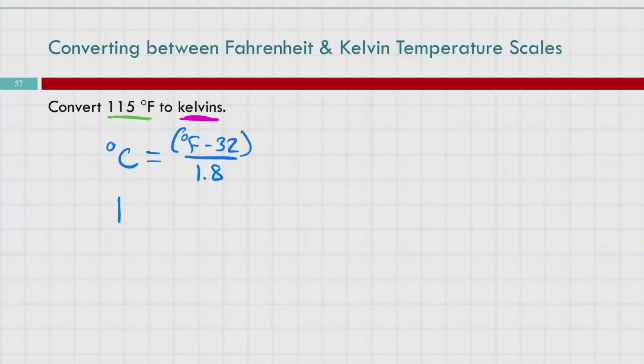And Kelvin equals degrees Celsius plus 273.15. So we can just do these in order. We can convert to degrees Celsius, then from degrees Celsius we can convert to Kelvin.